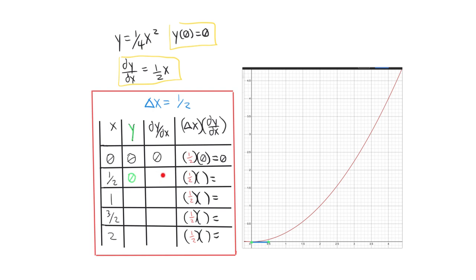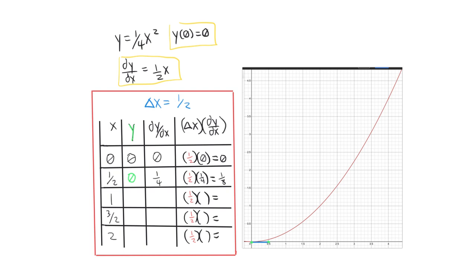Now, with regards to dy over dx, it's going to be 1/2 times that 1/2, so that's going to be 1/4, right? Now, 1/2 times 1/4 is going to be 1/8. This is the sort of slope that we're going to be taking into account when we graph the scenario.